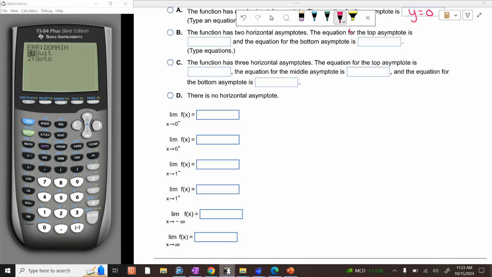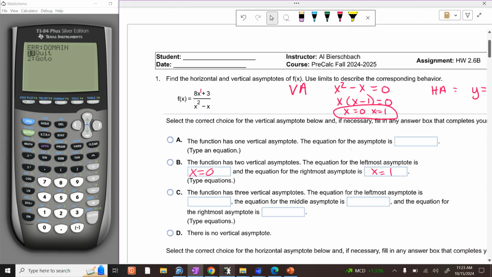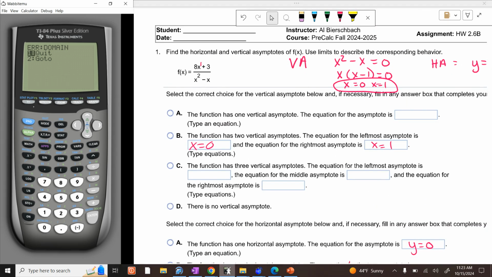So our equation was y equals the fraction 8x plus 3 over x squared minus x. Graph.